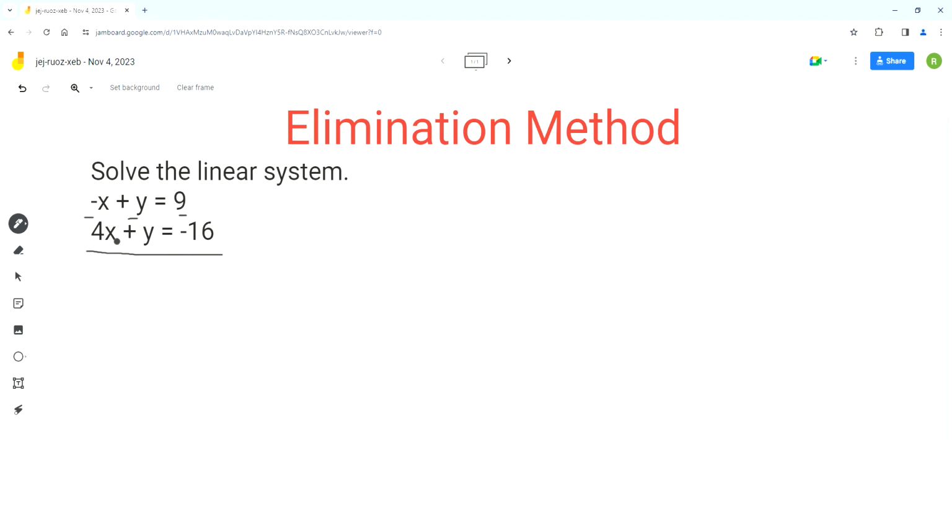So when we subtract the x terms, we have to do -x minus 4x, and the y terms, so plus y minus plus y, they will cancel each other out. And on the other side of the equation, we'll get 9 minus -16.